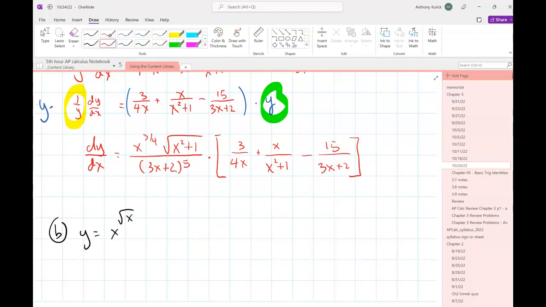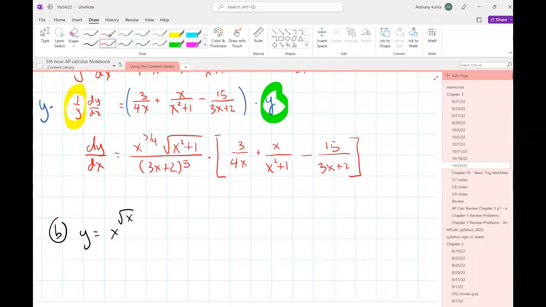What do we want to do with this? Where you have an x as the base and an x as the exponent.